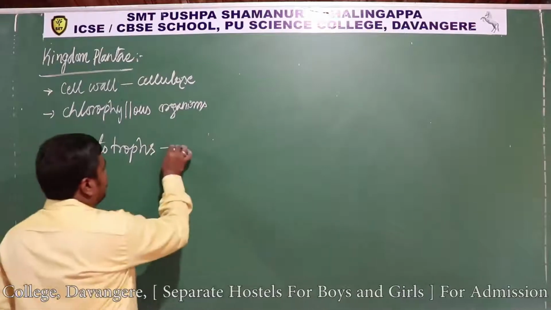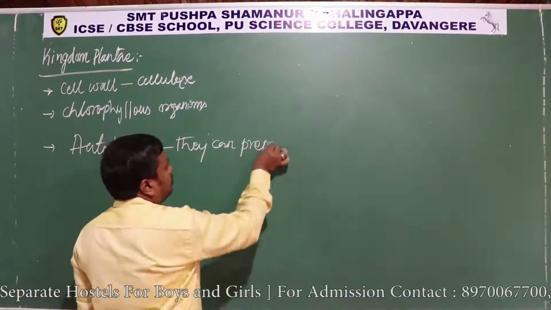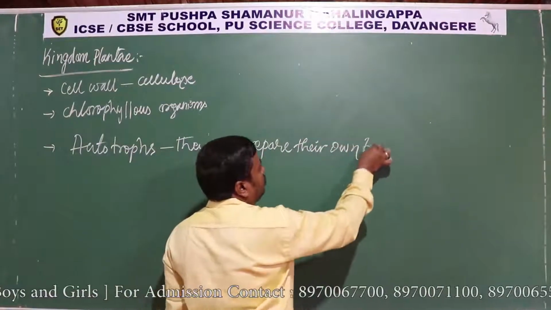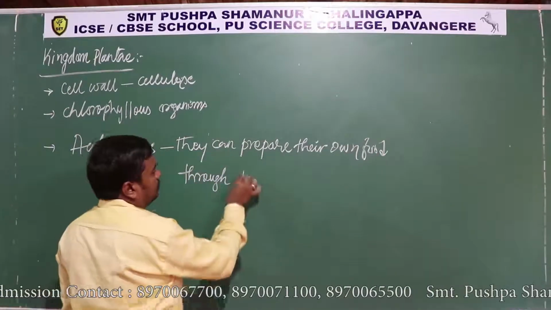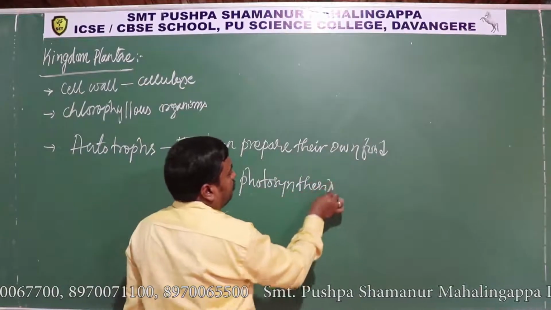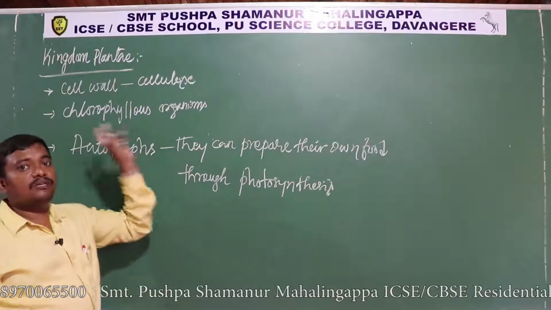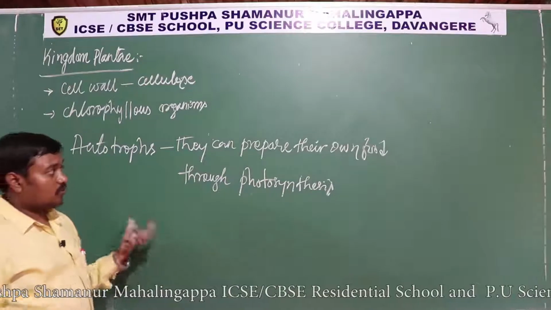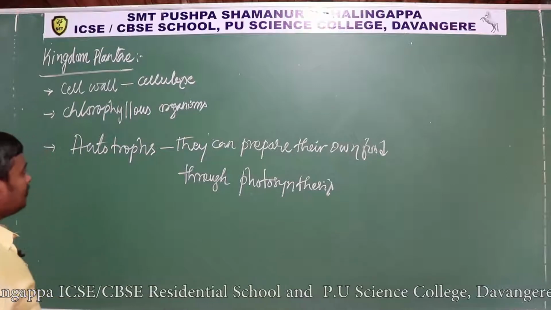Autotrophs means they can prepare their own food through photosynthesis. They do photosynthesis because they have a pigment called chlorophyll. That chlorophyll helps in absorption of light energy and prepares the food in the form of glucose. You are going to learn in detail about how the plant prepares its own food in the chapter called photosynthesis. Okay, they are autotrophs.